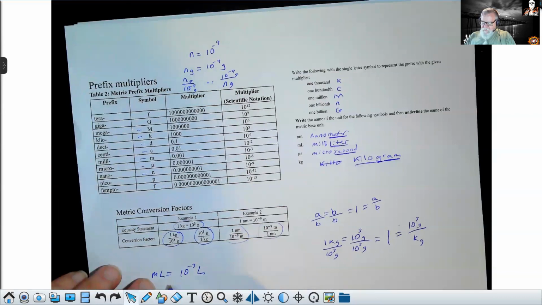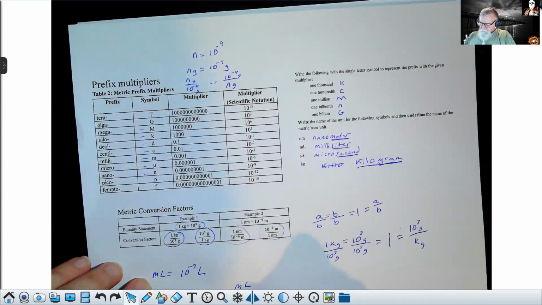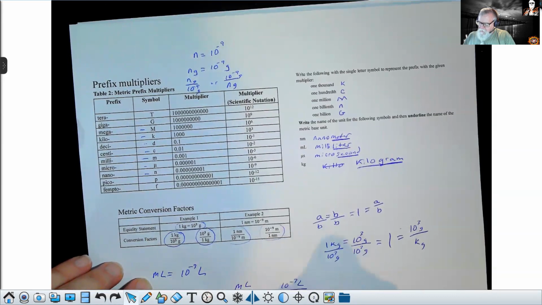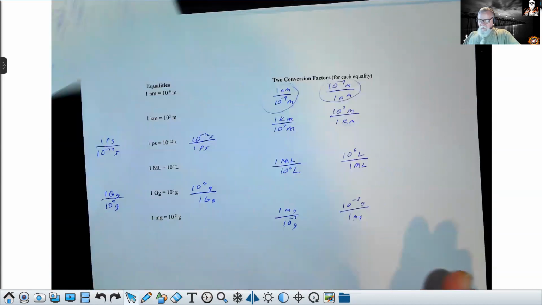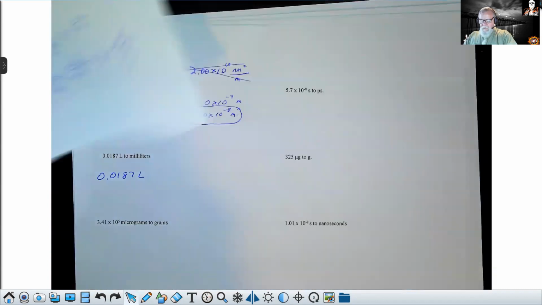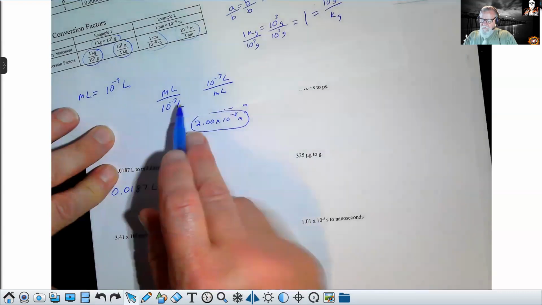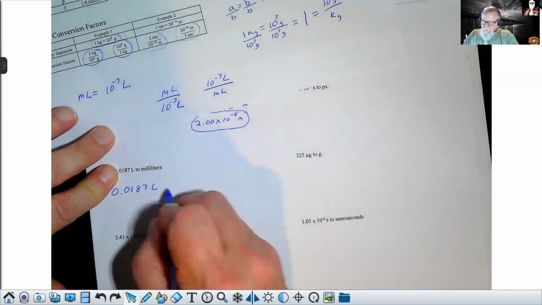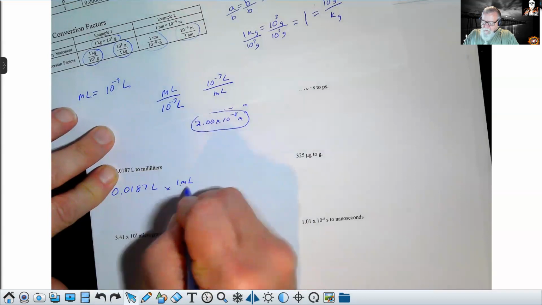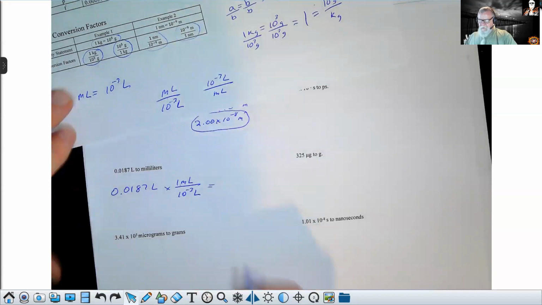So our conversion factors would be milliliter over 10 to the negative 3 liters, or 10 to the negative 3 liters over milliliter. Which one of these do I want to use? I want the liters to cancel out, so the liters will be on the bottom. So we'll multiply this by 1 milliliter over 10 to the negative 3 liters.